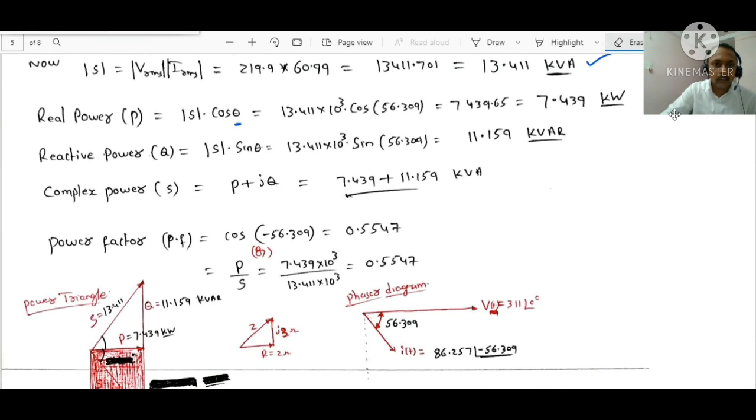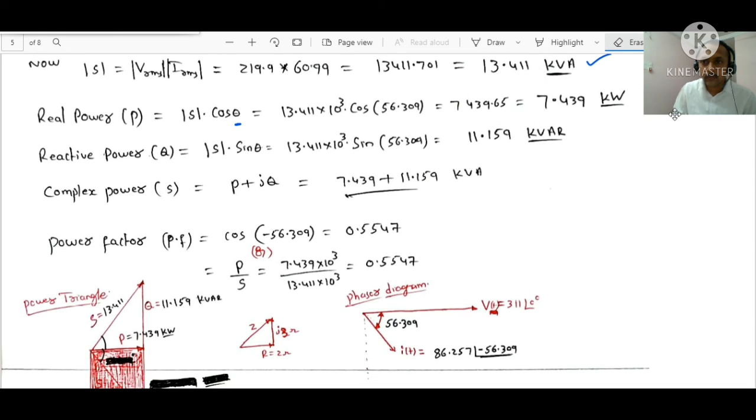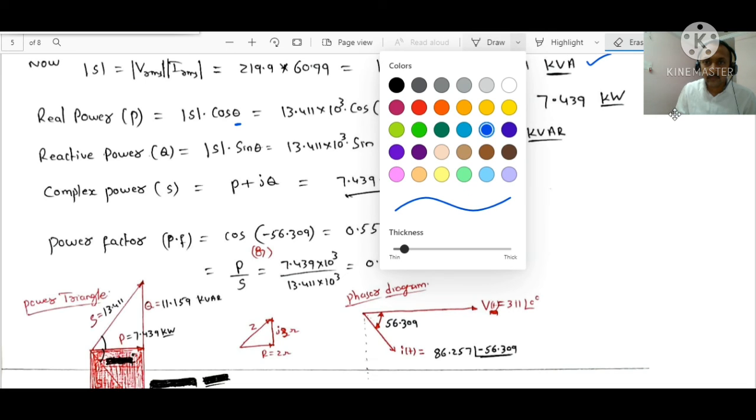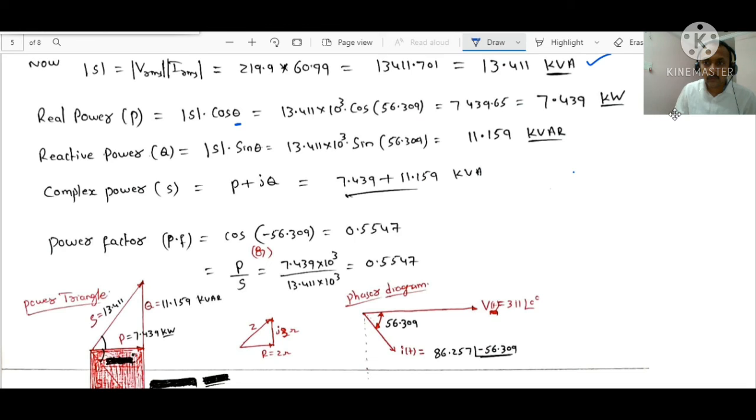Now mod S into cos theta, cosine of the angle. The units are kilowatt. What about reactive power? Mod S times sin theta, sine of the angle.